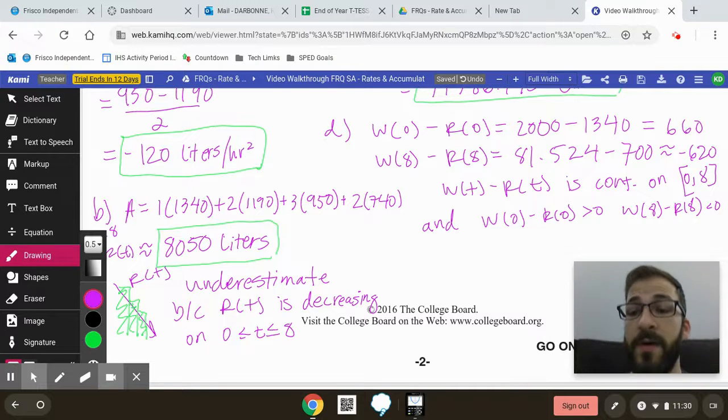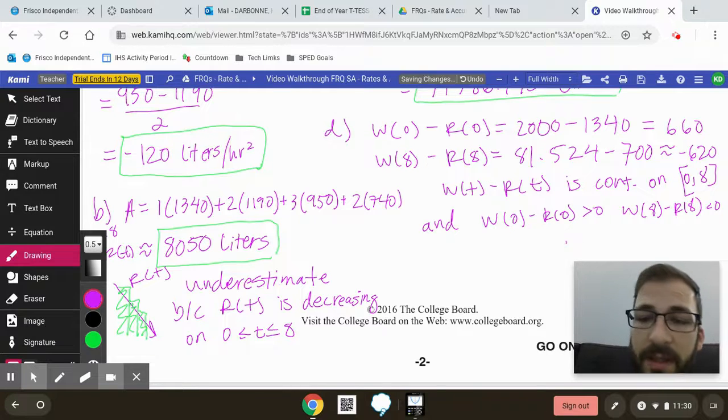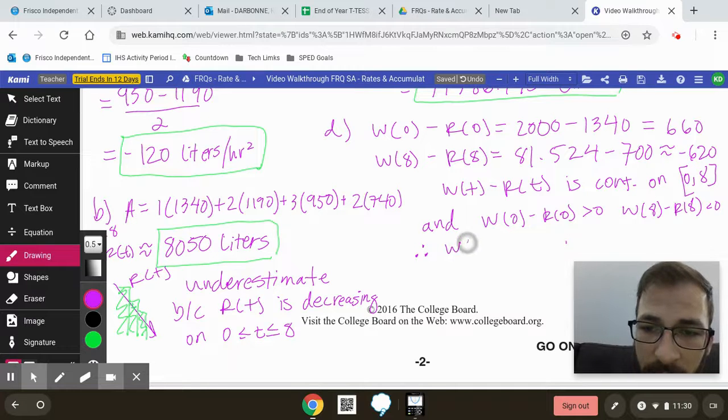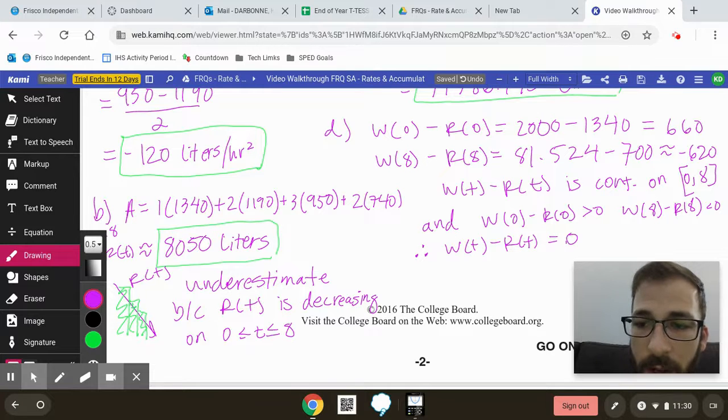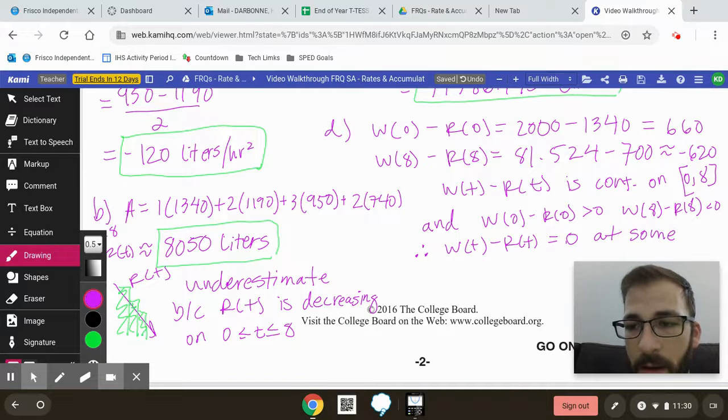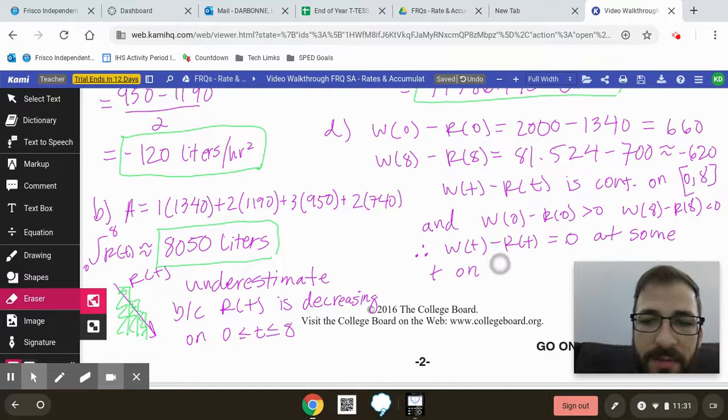So we have the function is continuous. At 0, we're positive. At 8, we're negative. Therefore, W of t minus R of t equals 0 at some t on the open interval 0 to 8.